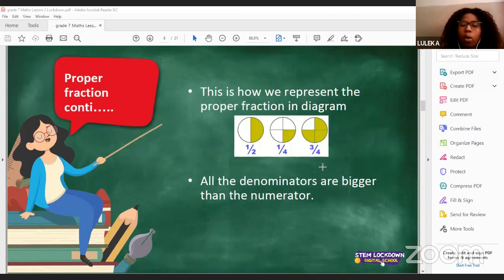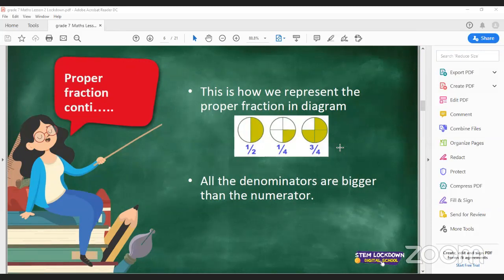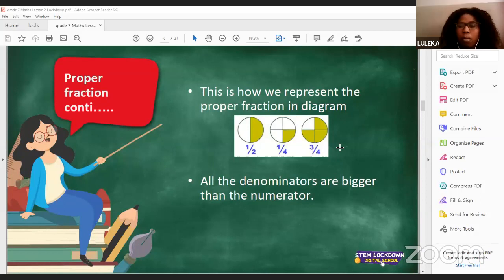All we need to know in proper fractions is that the denominator will always be bigger than the numerator. I'm not going to ask you a question about proper fractions because I know you did this in previous classes. I'm just refreshing your memory. Let's go to the next one. We will do improper fractions.